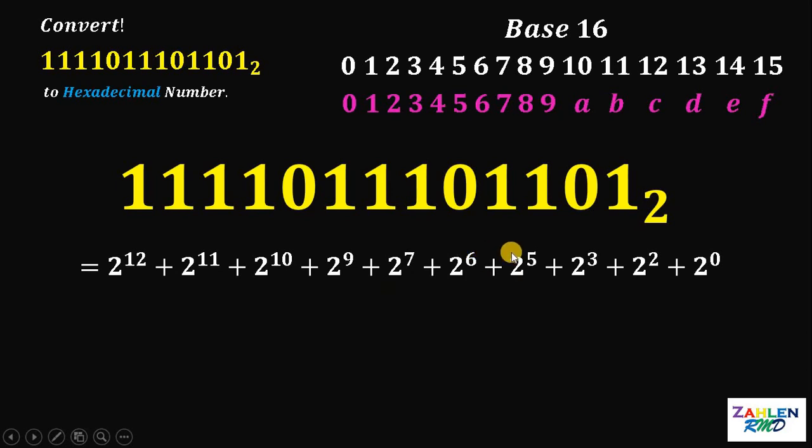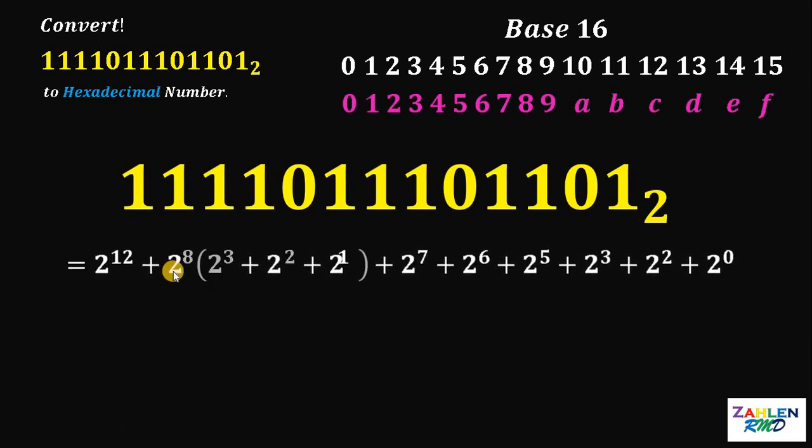So, namely, we have 2 raised to 4, raised to 8, raised to 12, and so on and so forth. So, let's separate this 2 raised to 12. Now, from 2 raised to 11, 2 raised to 10, 2 raised to 9, let's factor out 2 raised to 8. If we do that, we get 2 raised to 8 multiplied by 2 raised to 3 plus 2 squared plus 2 raised to 1.